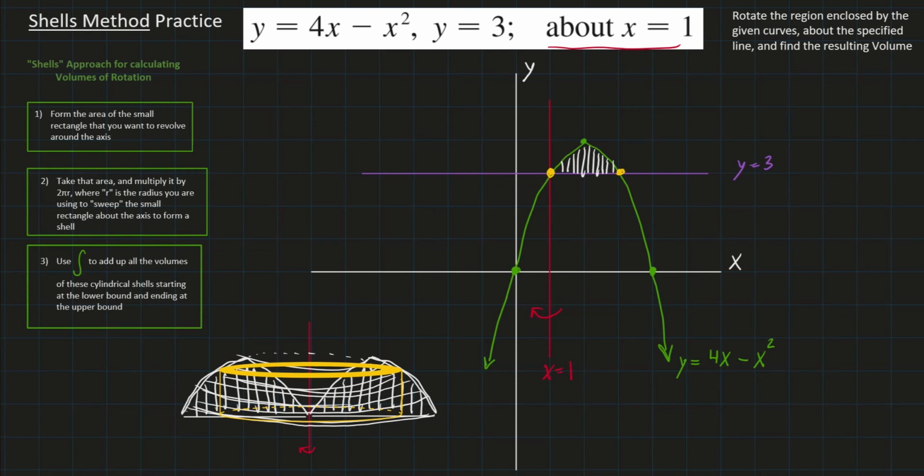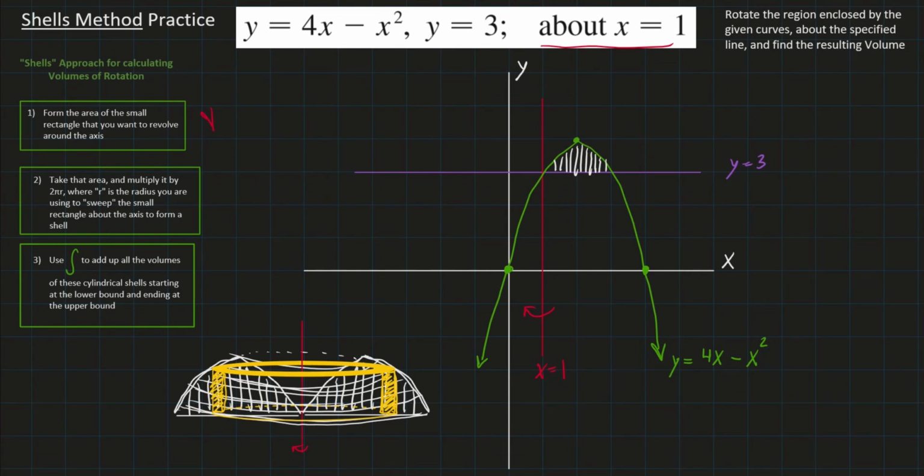On our model, here is one of the rectangles that we would sweep across that axis to create one of our thin cylindrical shells. So we'll start with our shell technique. On our main graph, here is one of those tiny rectangles.